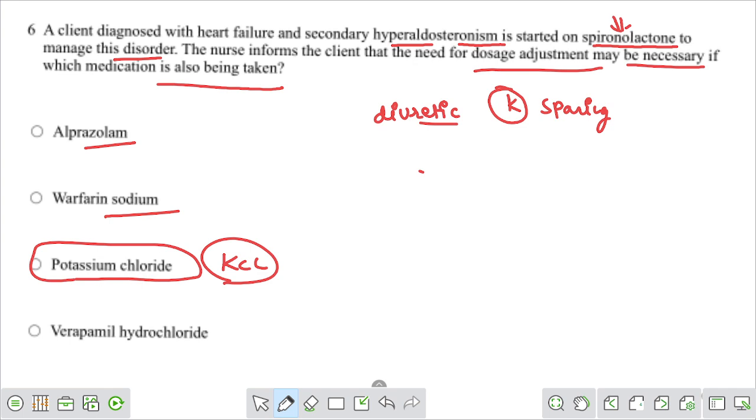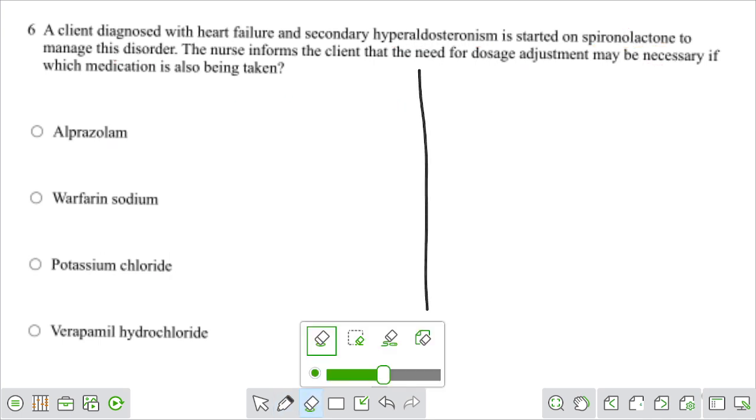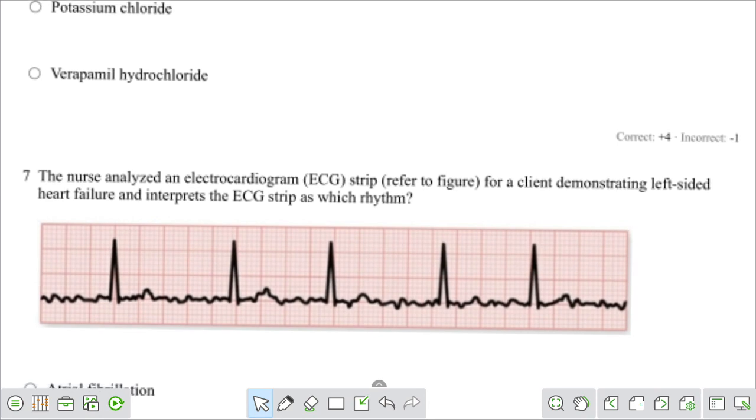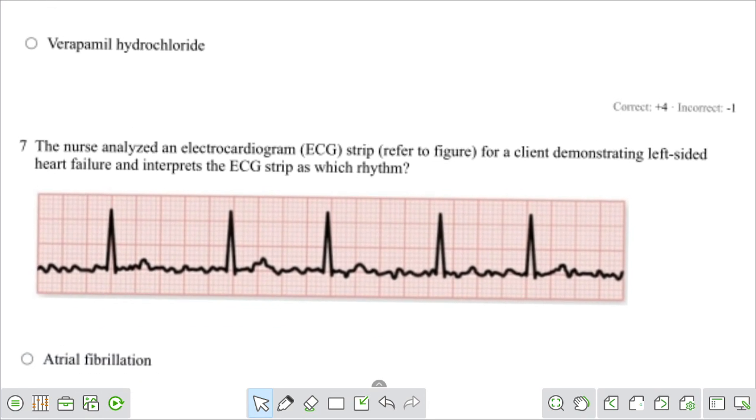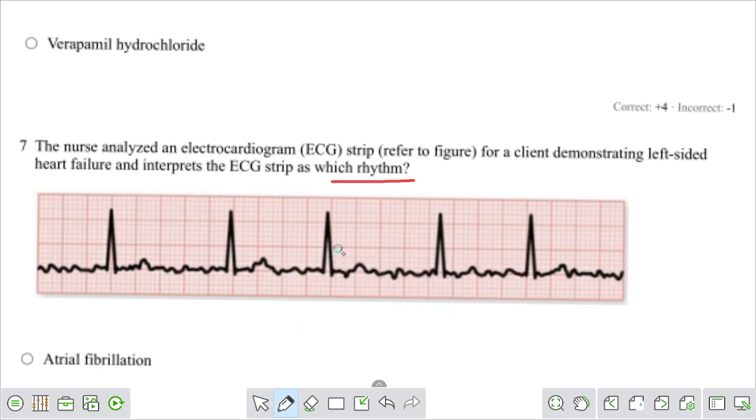Okay. Next question is this. The nurse analyzed the electrocardiogram strip for a client demonstrating left-sided heart failure and interpreted the ECG strip as which rhythm. Actually, a normal rhythm of the ECG looks like this.